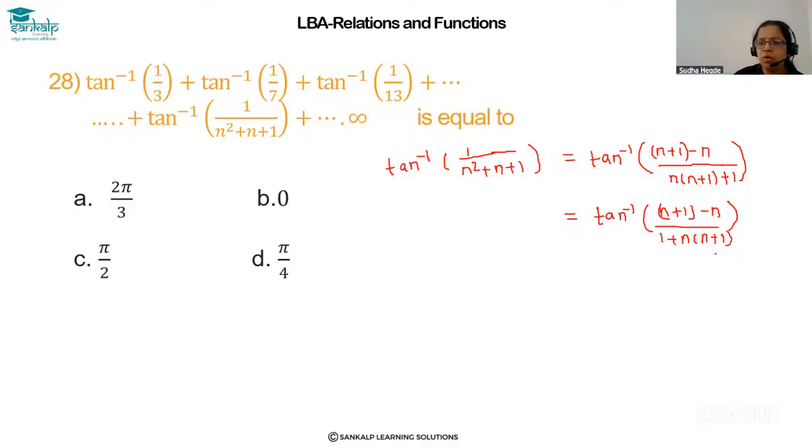It is of the form tan inverse A minus tan inverse B. What is tan inverse A minus tan inverse B?